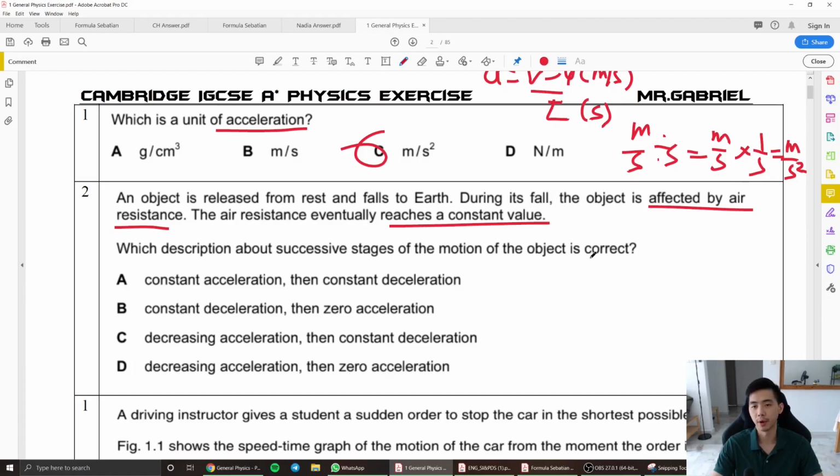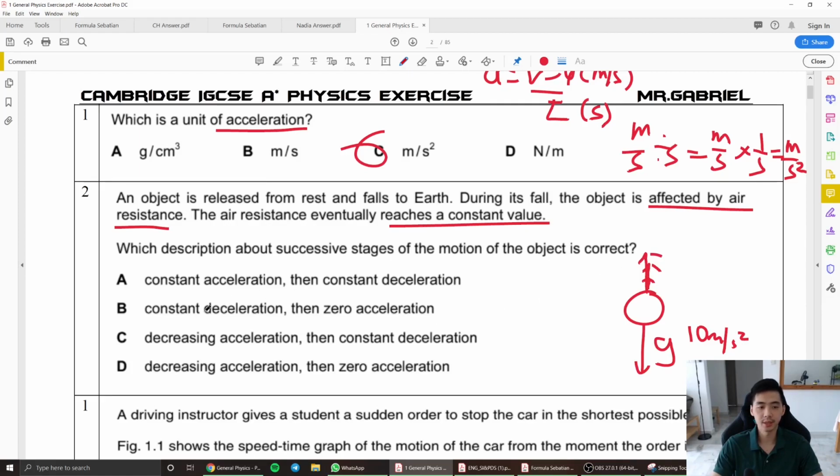Now, if you think back about an object falling with air resistance, what's going to happen is initially the only thing that acts upon it is gravity, right? And because of gravity, which is somewhere around 10 meters per second squared, we know that as the speed of the object increases due to gravity, so will the air resistance acting upwards.